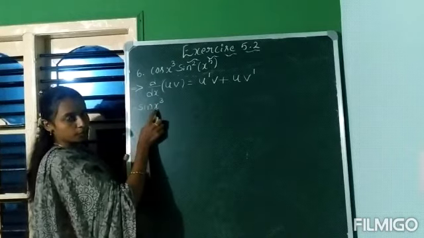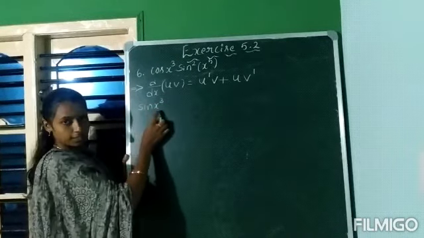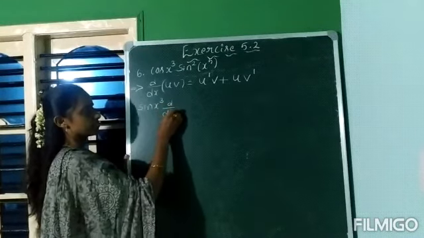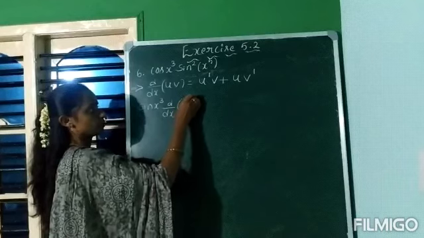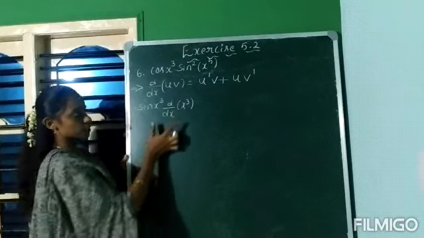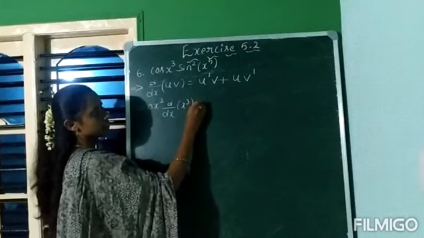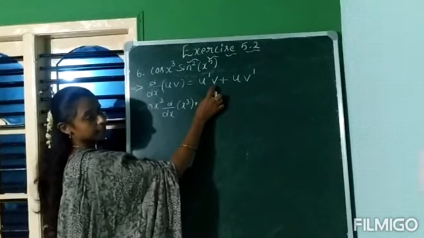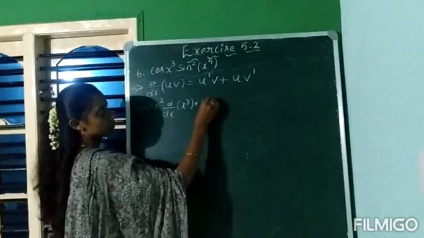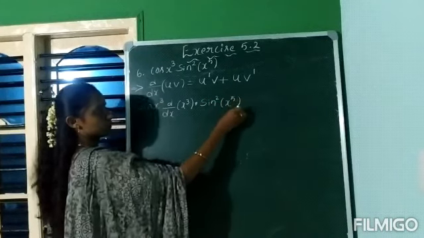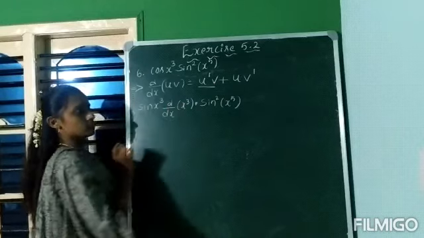It is a composite, so again you need to differentiate this algebraic term, therefore d by dx of x cube. This is clear. So this is the derivative of u, that is u dash. Next, you need to write v as it is, the second function, sine square x power 5.